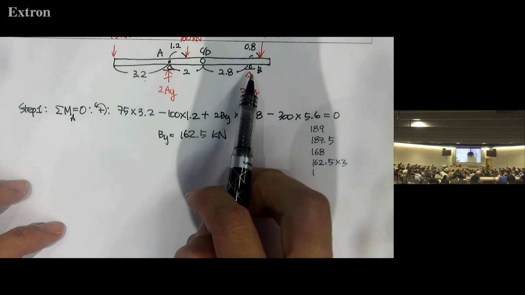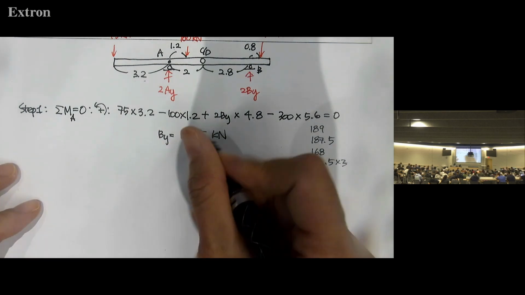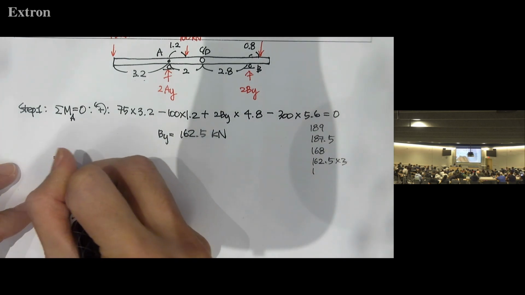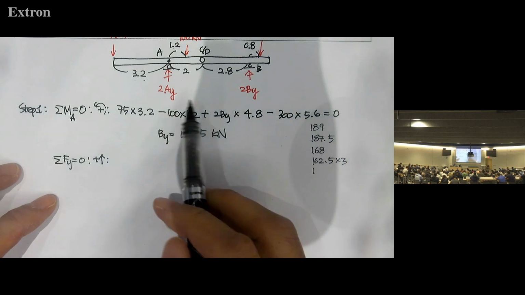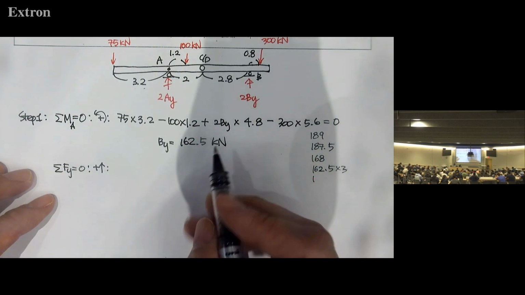So these 2 BY are acting on this roller, and the remainder is AY. Of course, we will solve the FY equation. Upward is positive, then we have 2AY, and all others are known, right?